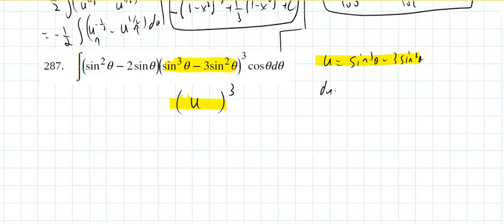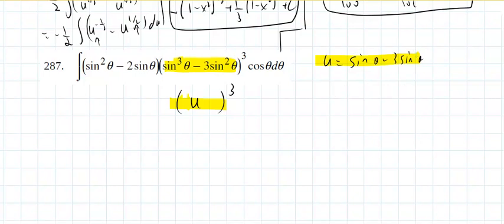If I take a derivative of that, bring the power down, subtract 1 from the power. Oops, I forgot the chain rule.